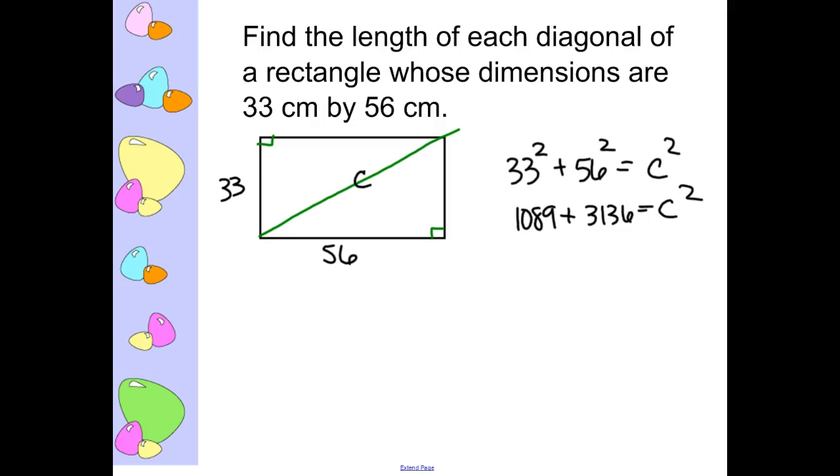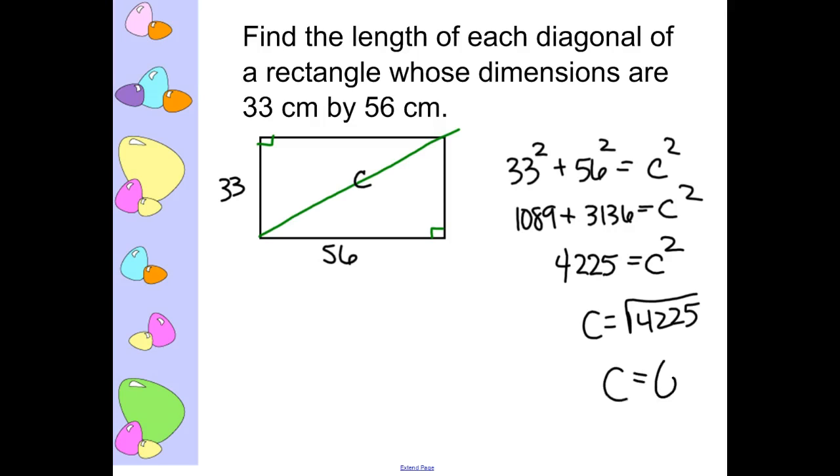When I add those together, I get 4225 equals C squared. So C equals the square root of 4225, and that's on your list. The square root of 4225 is 65. So C equals 65 centimeters.